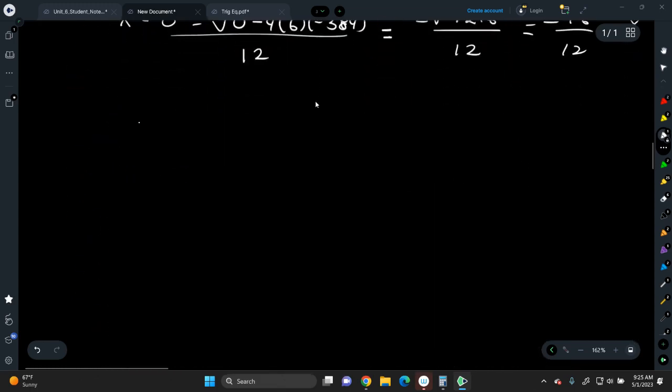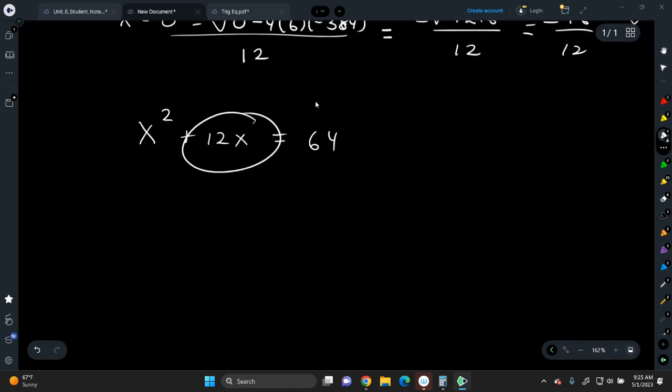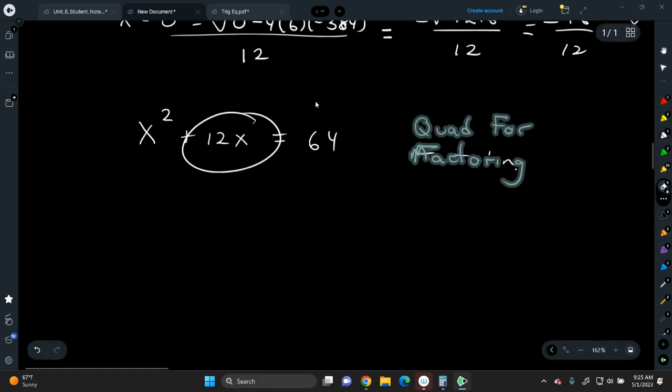Because if I had x squared plus 12x equals 64, I can't use this method. I can't take the square roots because of the b that's there. So if there's a b, we're either using the quadratic formula or we are factoring. Either one will give me the correct answer. If there's no b, then we're going to just take the square root of both sides.